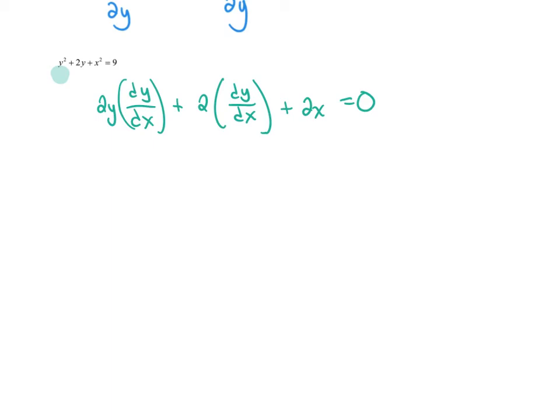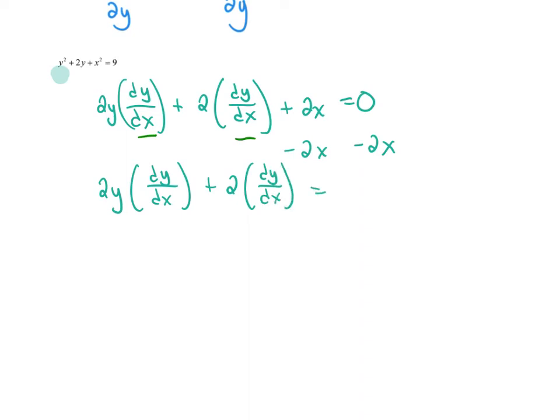Now the trick in this one is we have to get the dy/dx by itself. I'm going to subtract 2x from both sides, so that anything that doesn't have a dy/dx is on the other side. We get 2y times dy/dx plus 2 times dy/dx equals negative 2x.